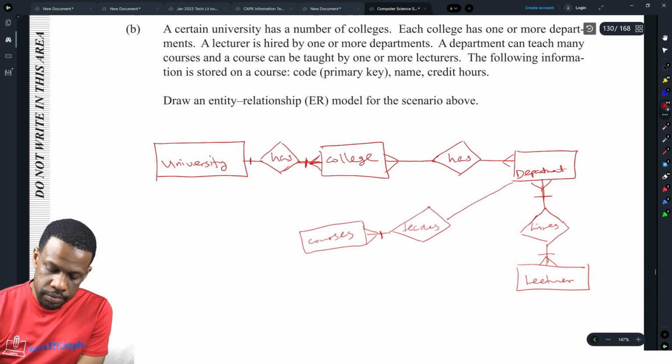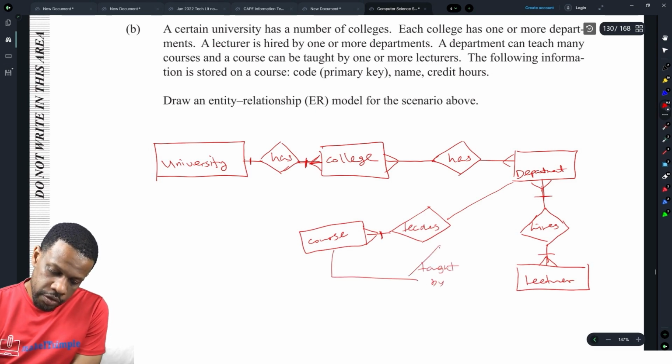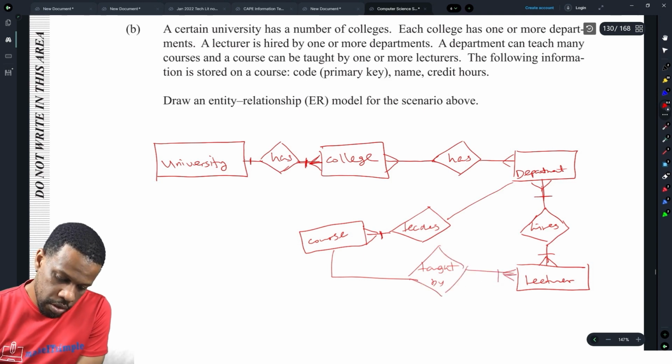One course is taught by one or more lecturers. The following information is stored on a course: code, primary key, name, credit hours.